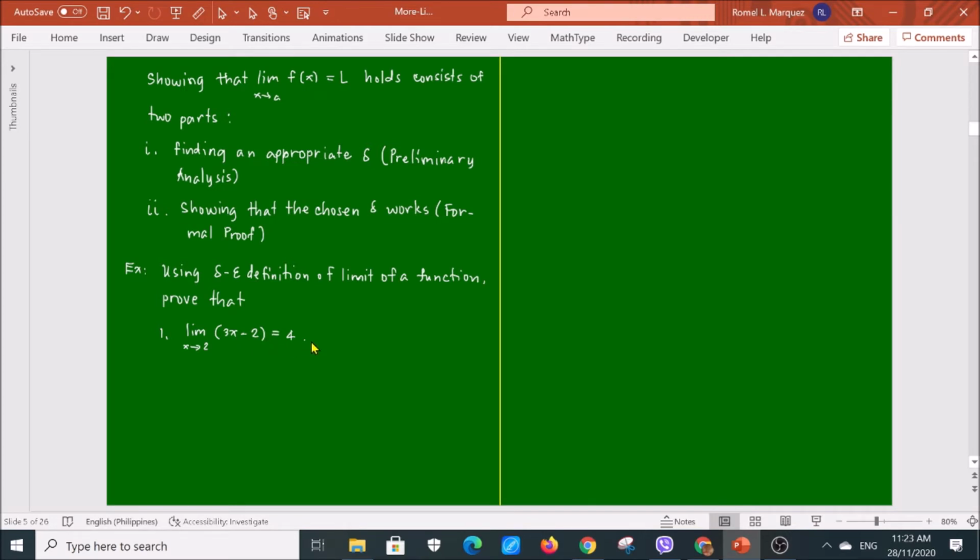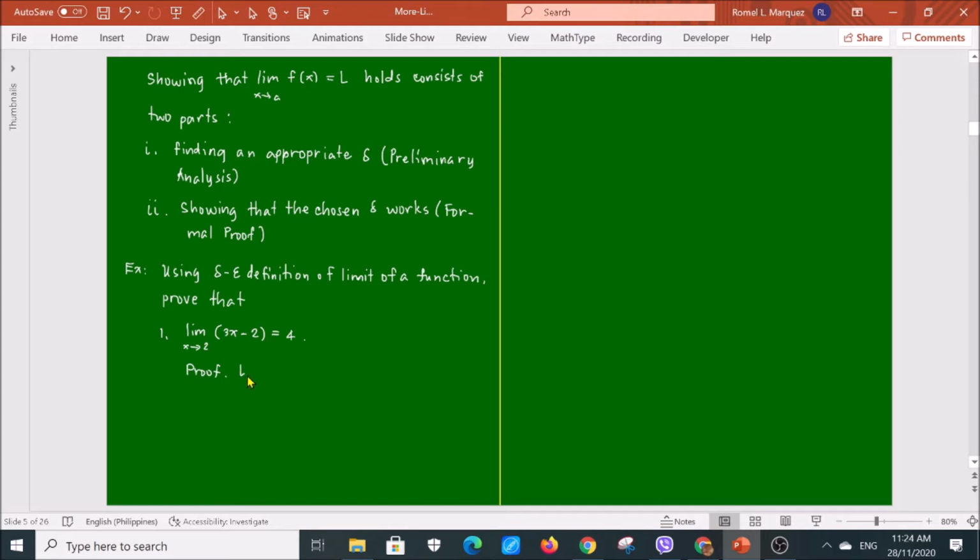When you say proving, you have to show that the condition in the definition of limit of a function is satisfied. Okay? So this is how to prove it. So, proof. You write there proof. You don't just solve and solve, huh? You have to follow the proper way of proving, because this is proving.